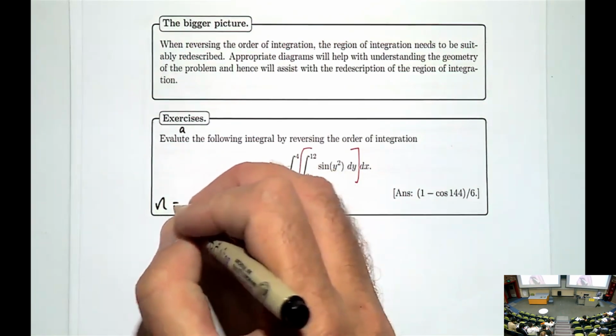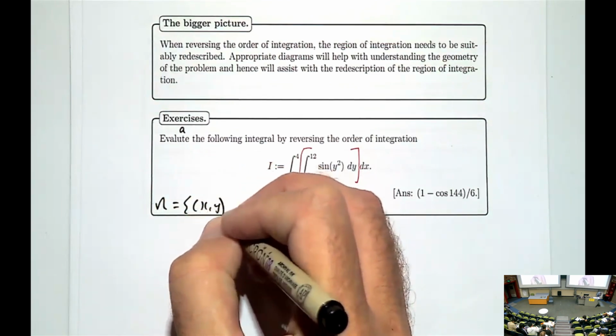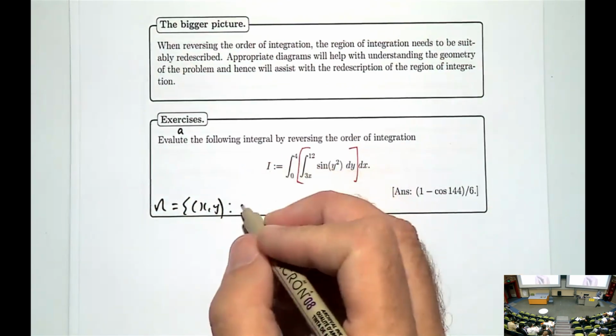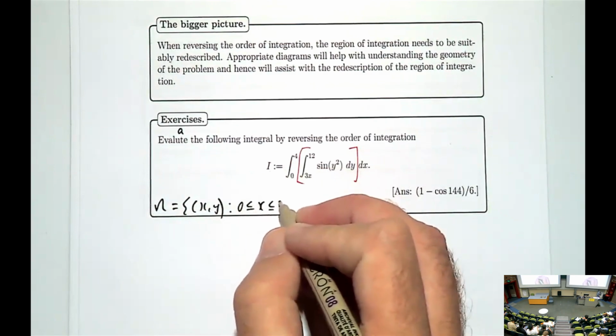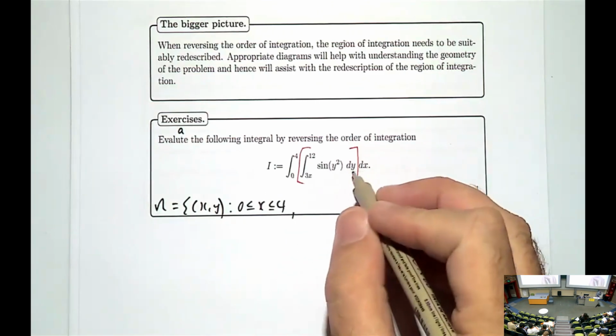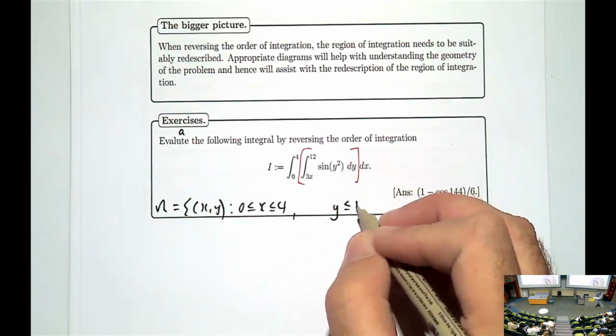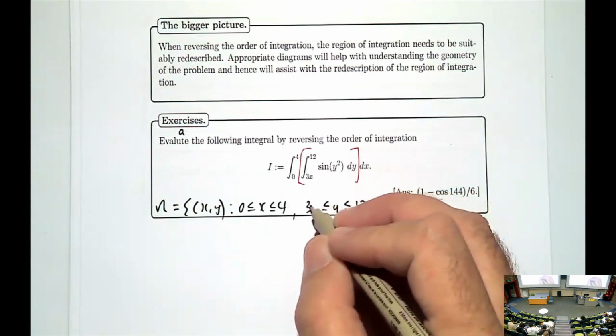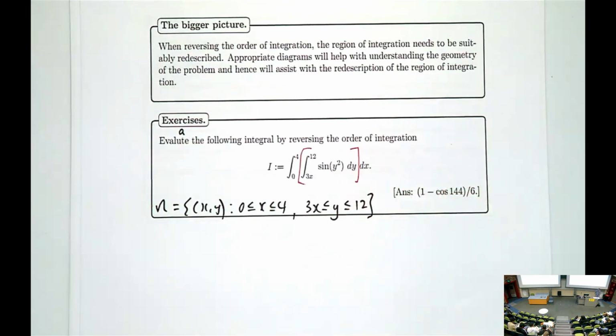So here, our region of integration. Okay, x is between 0 and 4. So they're two vertical lines, parallel. Y is between 12 and 3x. Okay? It's a very good question online. I will get to that in a minute.